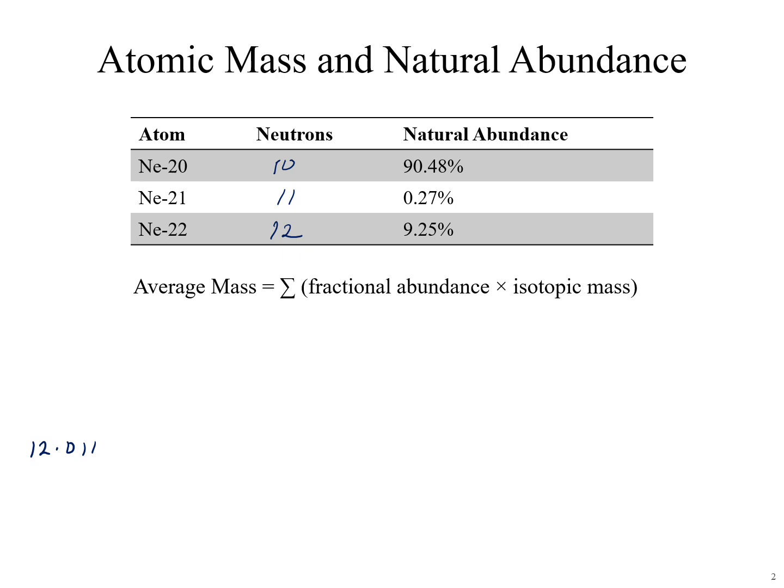Again, for neon 22, that's something close to 9%, so 9 atoms are going to have 12 neutrons in that sample. I'm just rounding the percentages a little bit to give you an idea of what the percentage is representing. Now, we know that the majority of the atoms of neon are going to contain 10 neutrons.